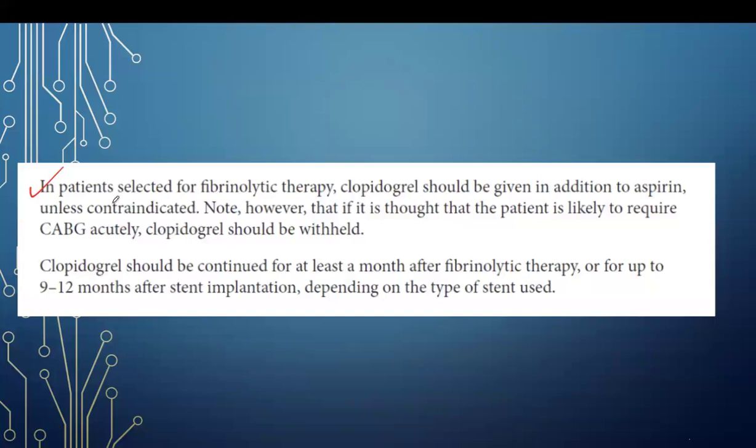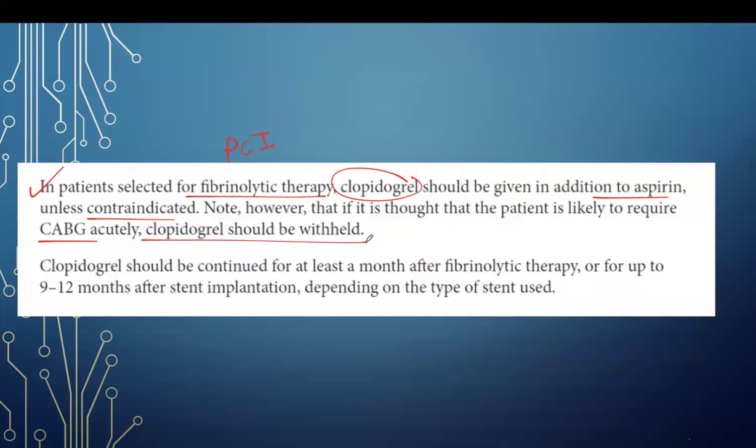This is one of the other things in patients who you have selected for fibrinolytic therapy. So you're not going for PCI, which is basically a surgery. If you are choosing fibrinolytic therapy, clopidogrel should be given in addition to aspirin, unless contraindicated. Note, however, that if it is thought the patient is likely to require a bypass, clopidogrel should be withheld.